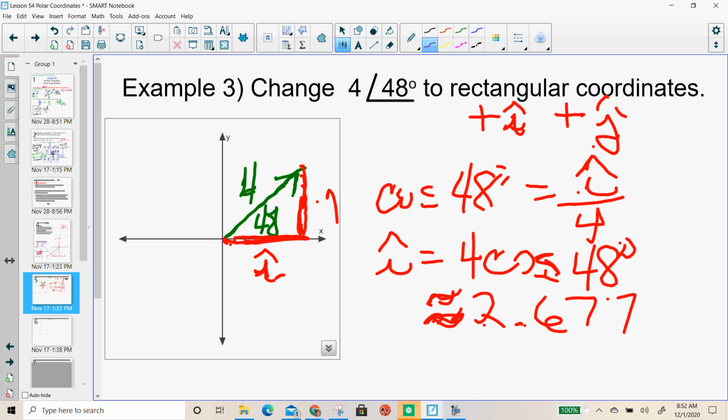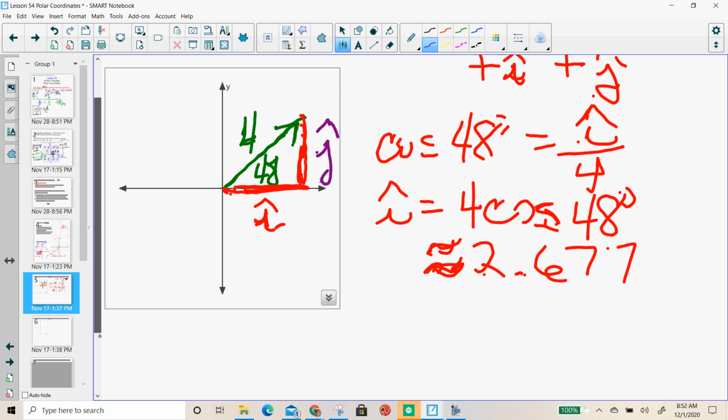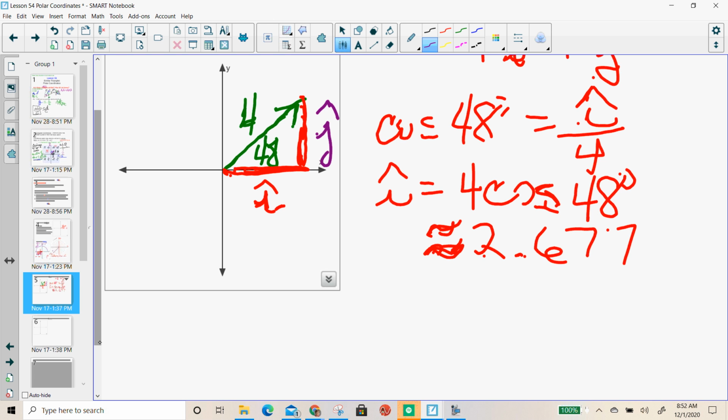Okay, now we're going to do the same kind of thing for j hat. So j hat has to be the vertical side. That means for 48 degrees, j is opposite, and I don't want to use that I hat for 2 reasons.